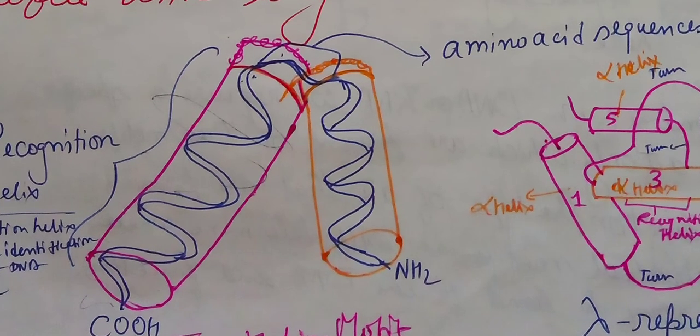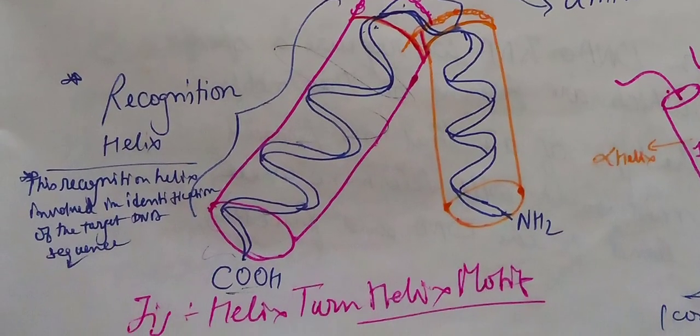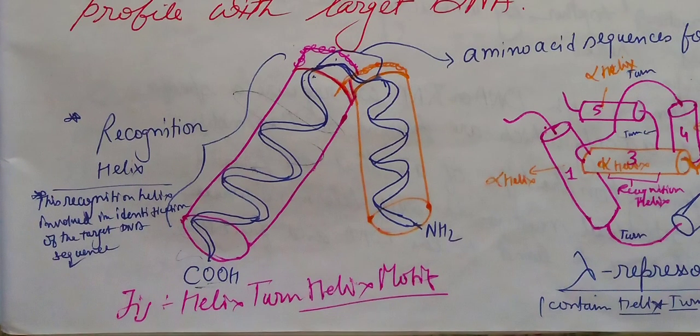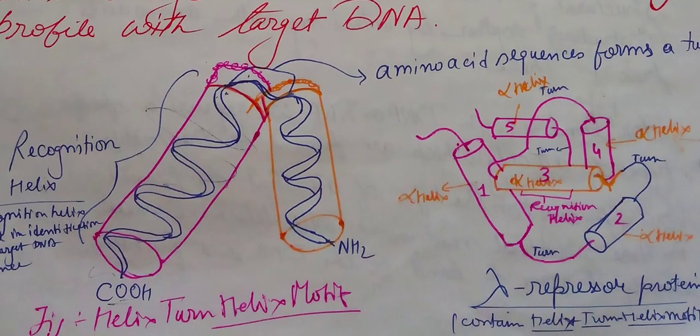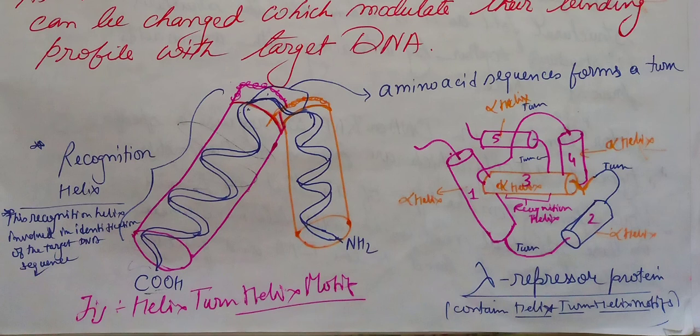The left figure shows an ideal structure of the helix-turn-helix motif: two alpha helices with a turn. The two alpha helices are shown in barrel cylinder shape, and the turn has not been shown too clearly, but I have marked the amino acid sequence of the turn.